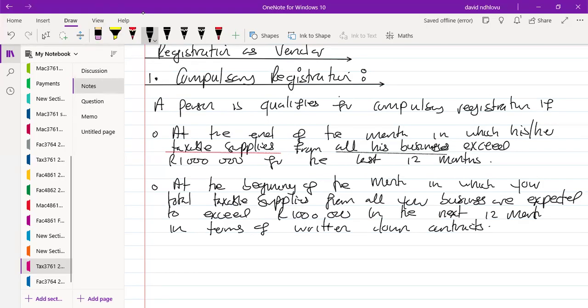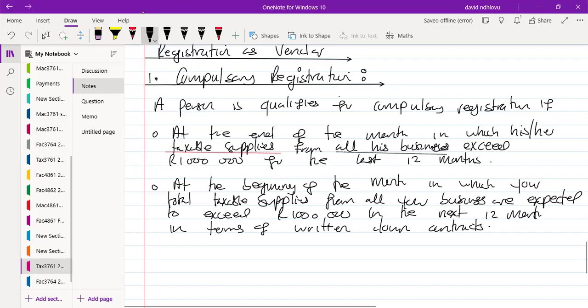So you've just signed multi-million rand tenders, which for the next 12 months will entitle you to a total of taxable supplies that exceed 1 million. So at the beginning of the month in which you immediately qualify for this type of registration, you are expected to register as a vendor. So this is your situation number two, and this occurs at the beginning of the month.